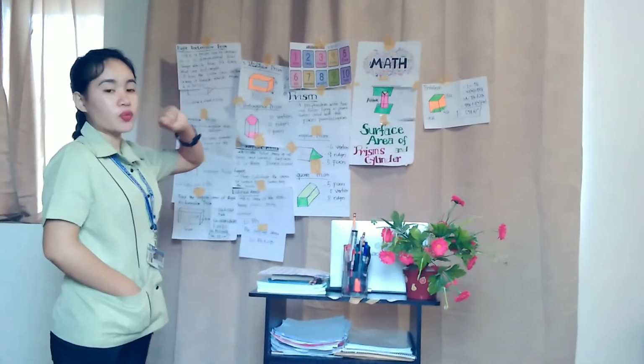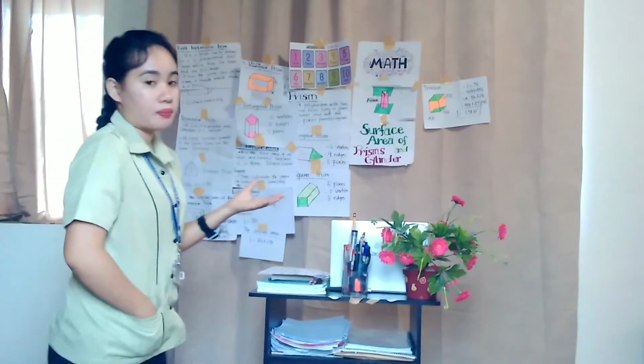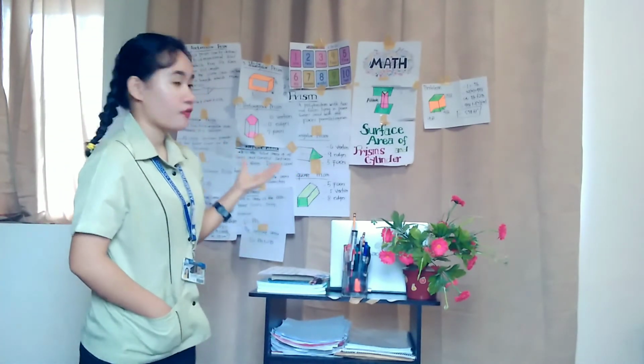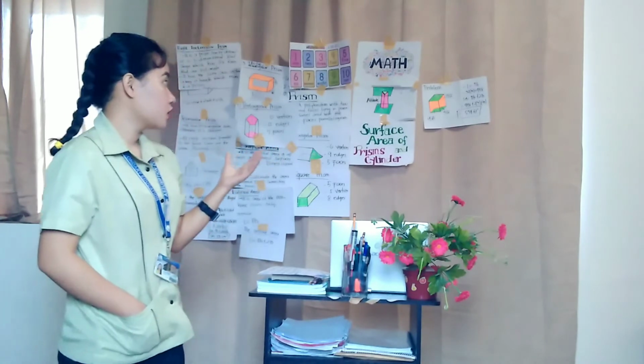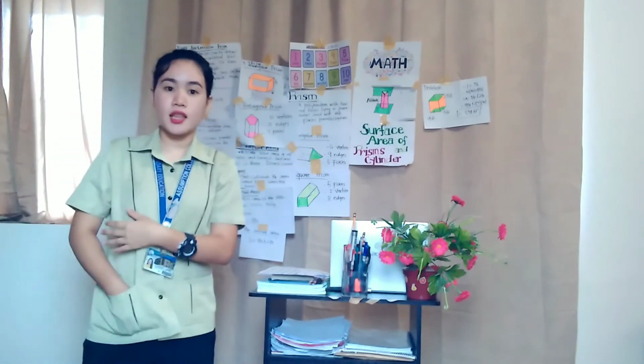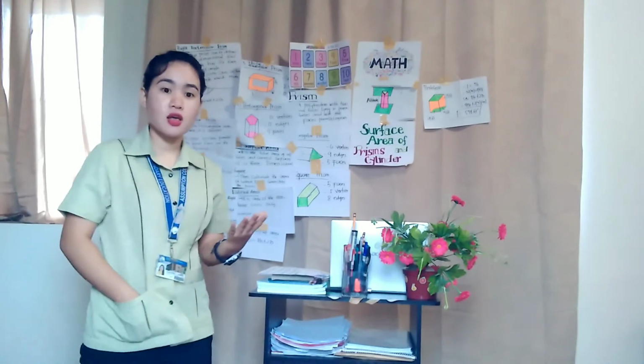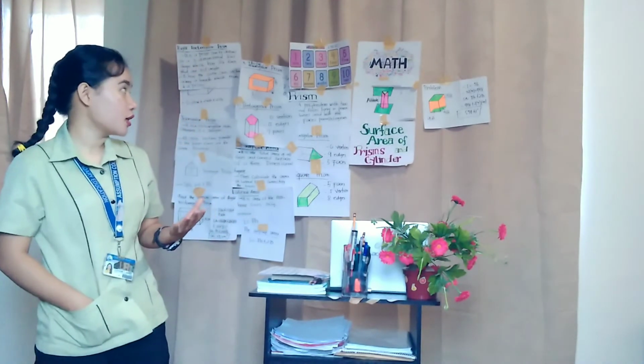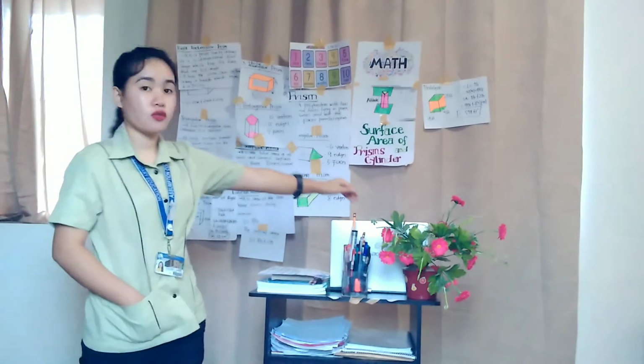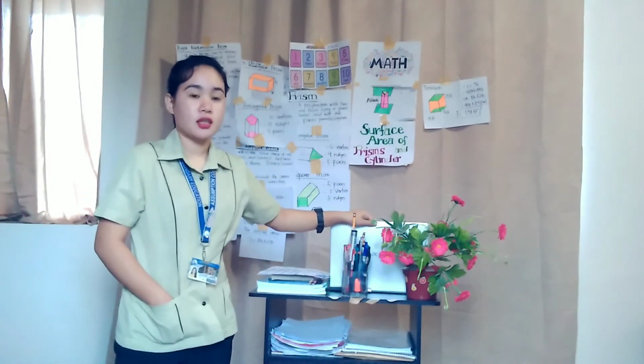Then number 2, we solve the value of the perimeter. The perimeter is 32 feet, and then you multiply it by the height, so our height is 14. So the answer for lateral area is 448.